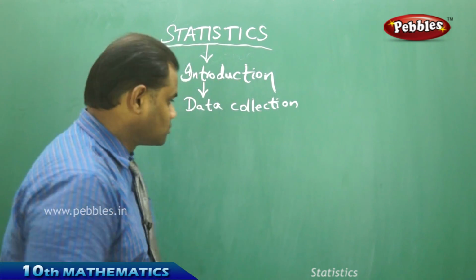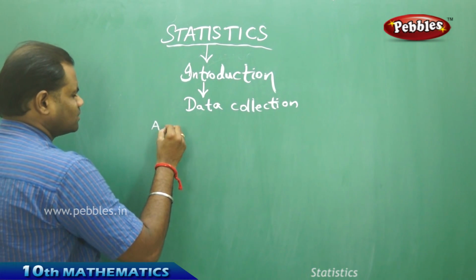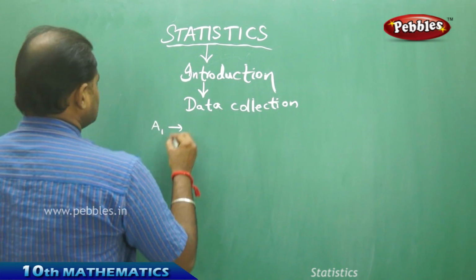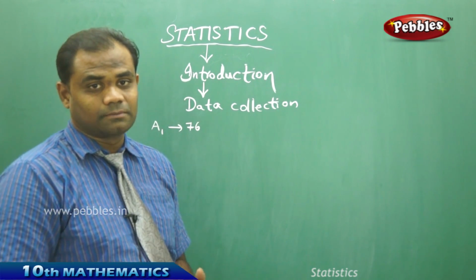Say there are 26 students through which I have the student A1 who got 76 out of 100 in the mathematics subject.